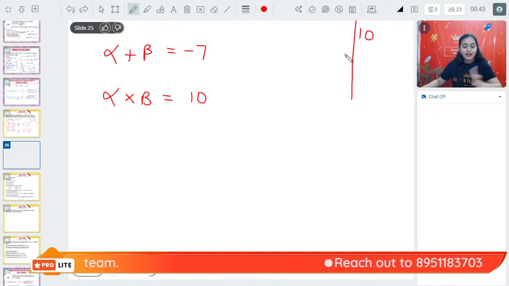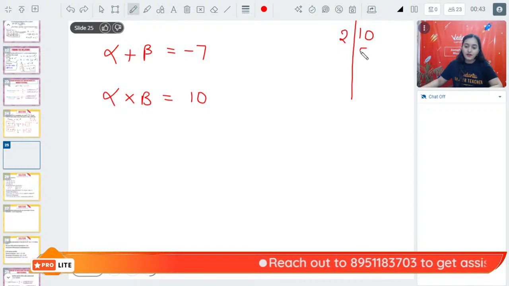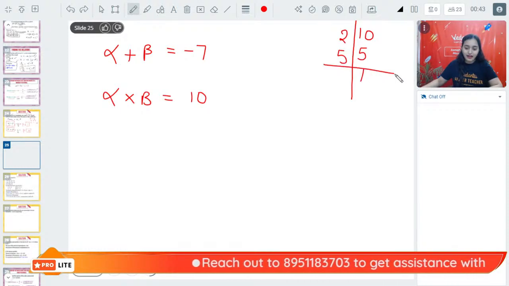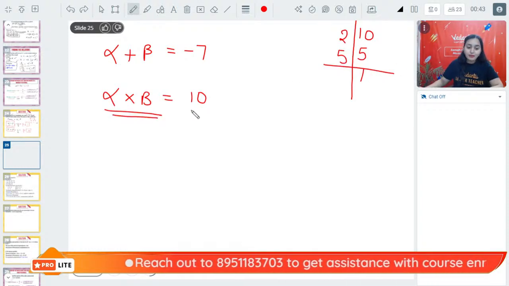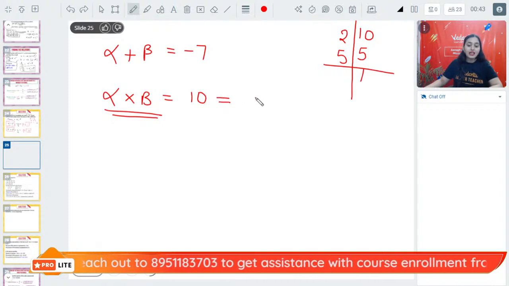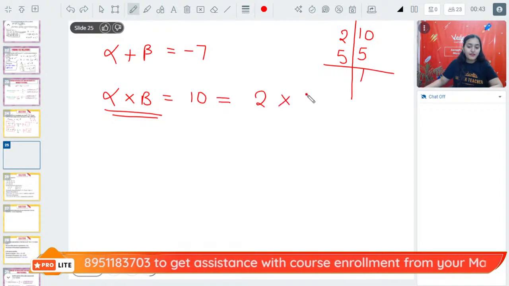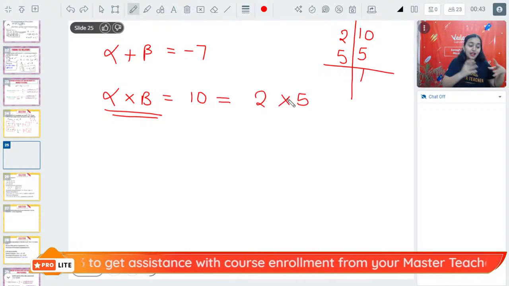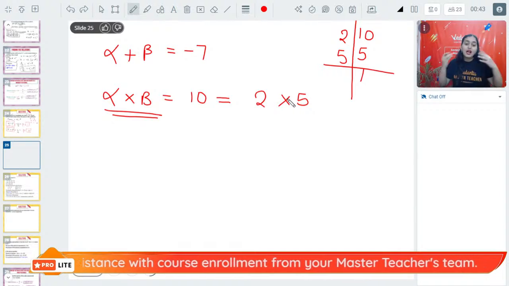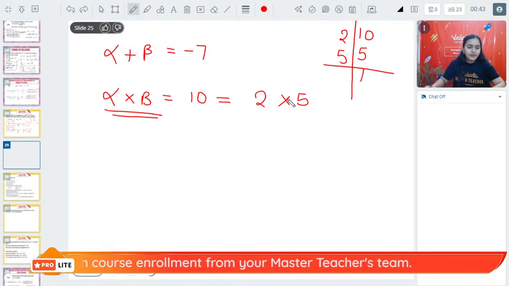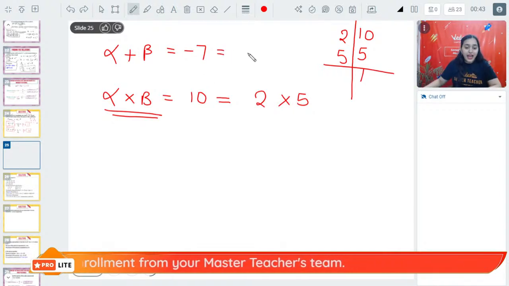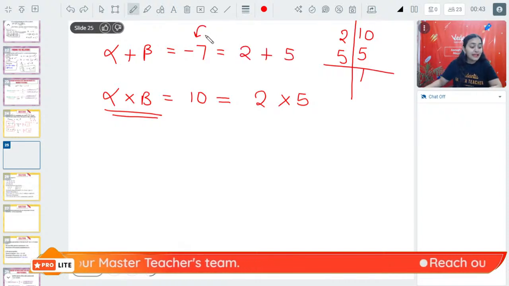What is the prime factorization of 10? 2 5s are 10, 5 1s are 5. That means alpha and beta have to be 2 and 5. Because if alpha and beta are not 2 and 5, then the product cannot be 10. But if I add 2 plus 5, my answer will not come minus 7.